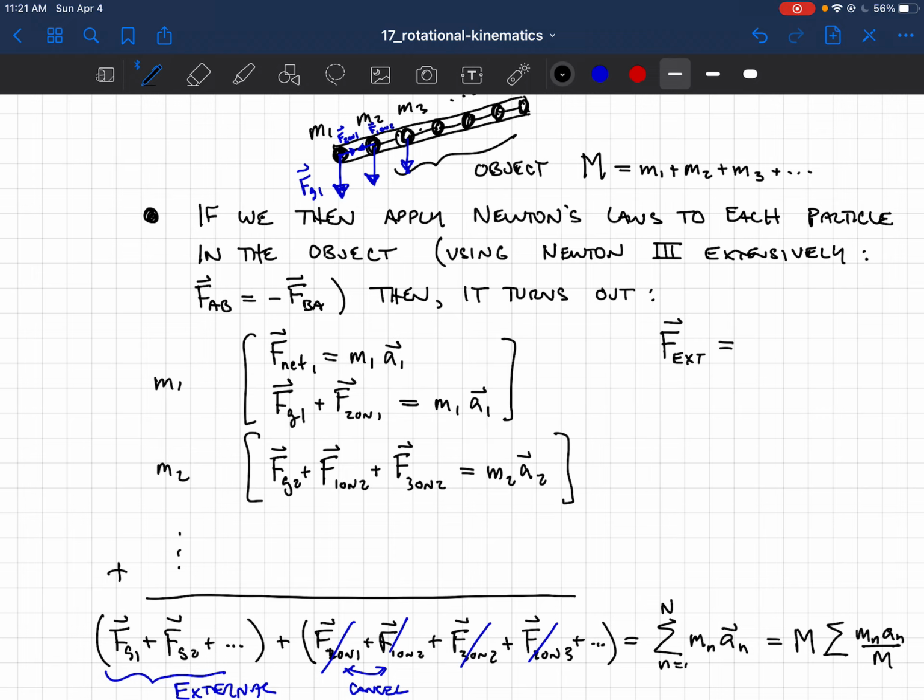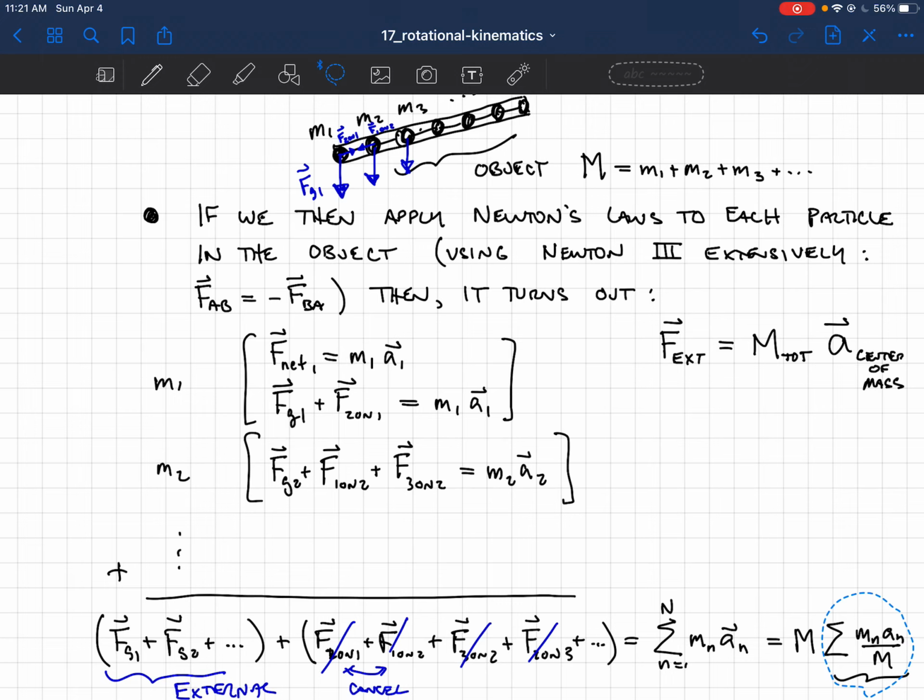And we could write this as m total of the object, and then we could just call this thing a new acceleration. And what we say is we call that the acceleration of the center of mass. And in fact, this little definition here that I've drawn defines the center of mass.